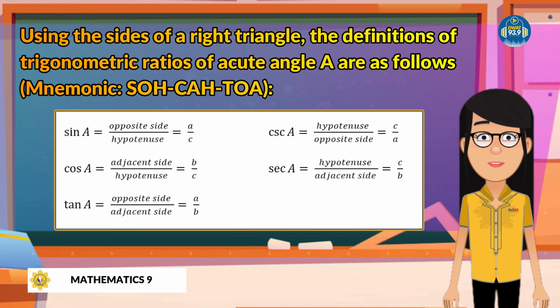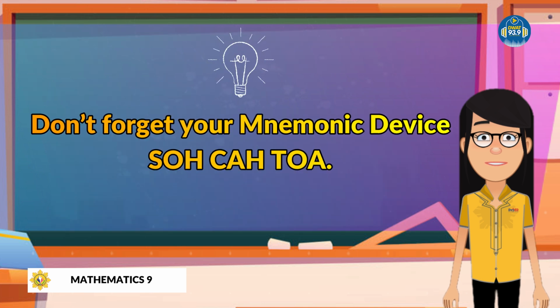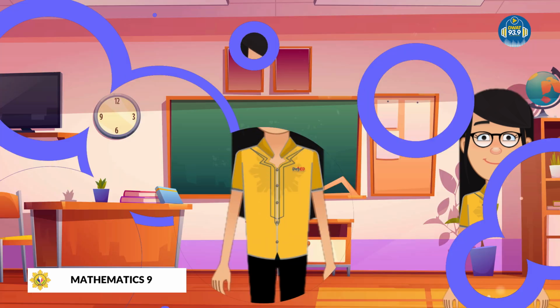Secant A is equal to hypotenuse over adjacent side, or c over b. And for cotangent A, we have adjacent side over opposite side, or b over a. For you to memorize immediately your trigonometric ratios, don't forget your mnemonic device, SOH-CAH-TOA.